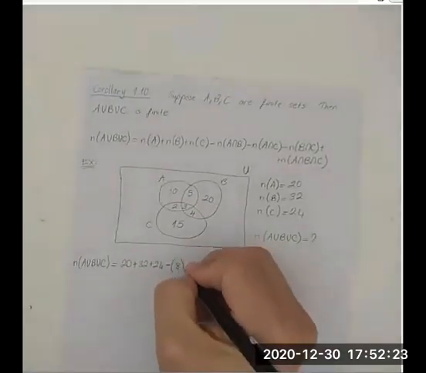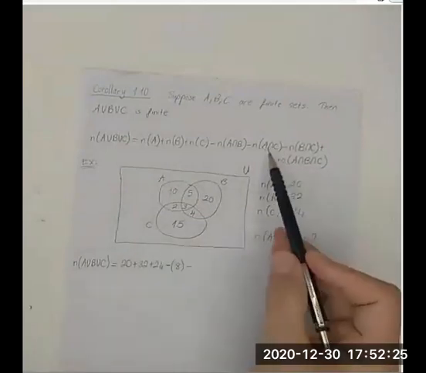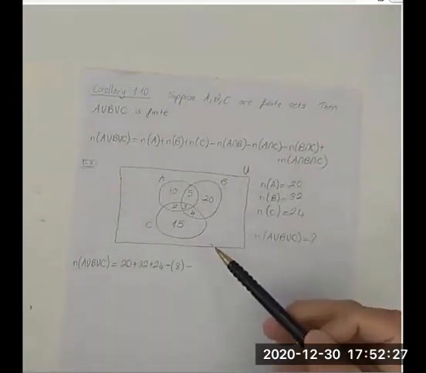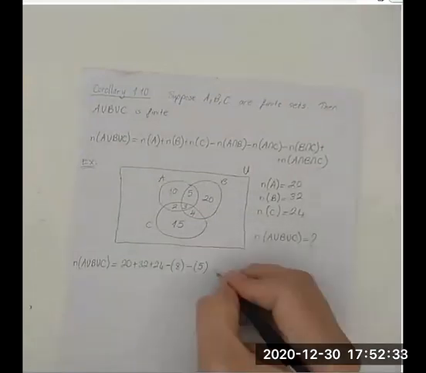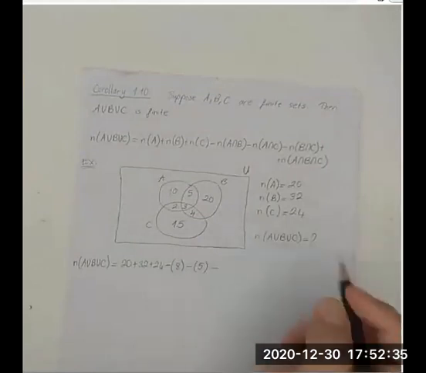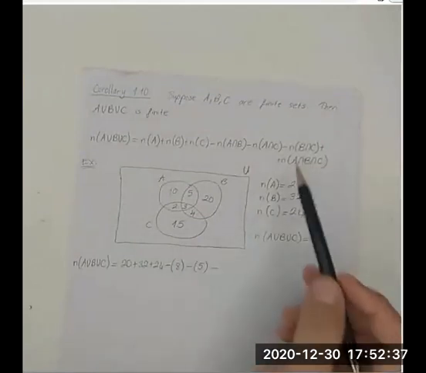Minus the number of A intersect C, I have 5, and minus B intersect C, there is 7.